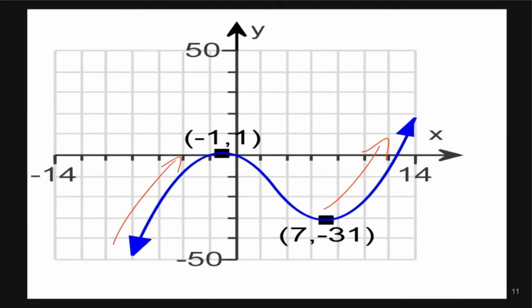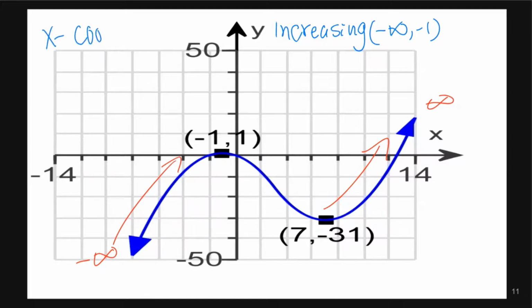So this is negative infinity, this is positive infinity. So it looks like it's increasing from negative infinity to negative 1. Remember, increasing and decreasing is x coordinates only. It's moving across the x axis. So we only need my x coordinate. So this is an arrow here. So that means it's negative infinity.